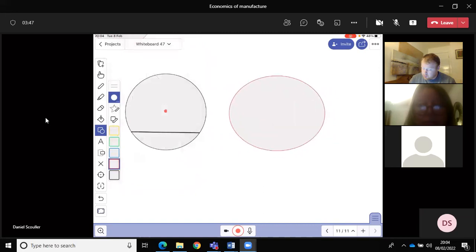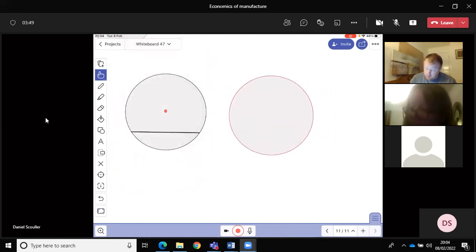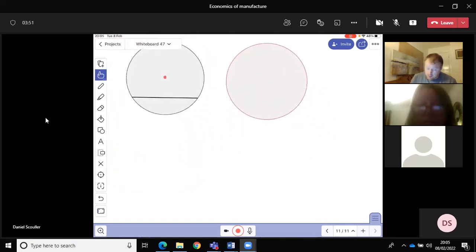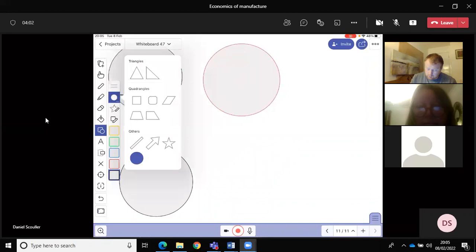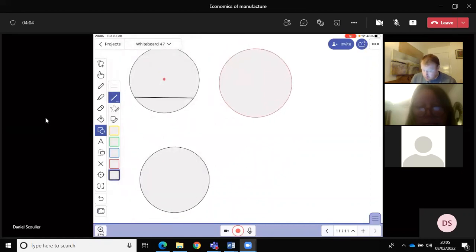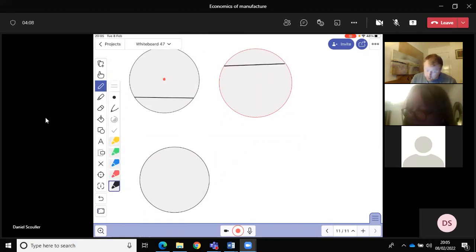So what I mean by that is what's shown there is a chord. Let's draw a couple more circles. That's a chord. The chord could be at the top of the circle, a straight line, as long as it doesn't cut through the center.